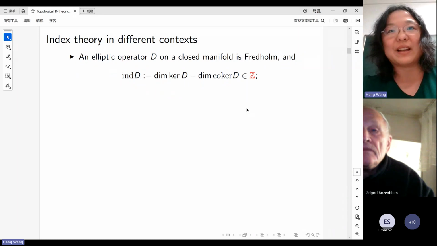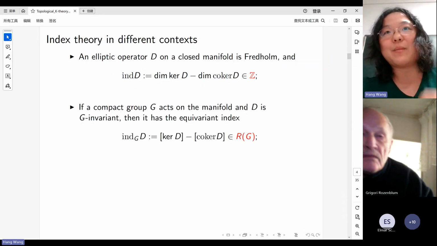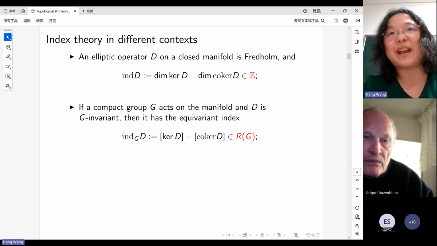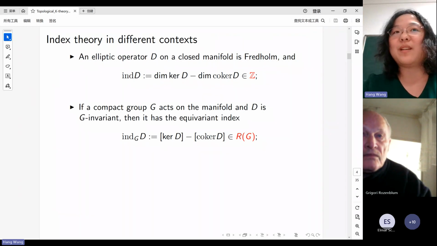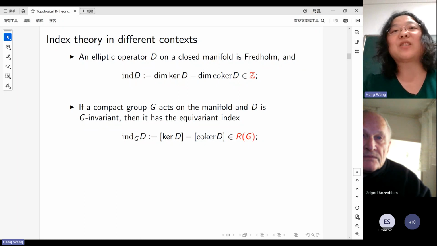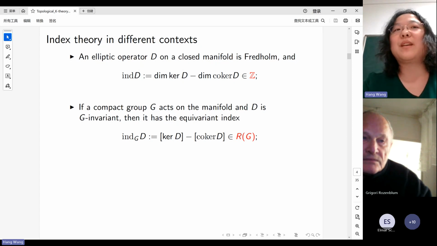It takes values in Z. An immediate generalization of this index is when we impose a compact group action on the manifold, and require the elliptic operator to commute with the group action.